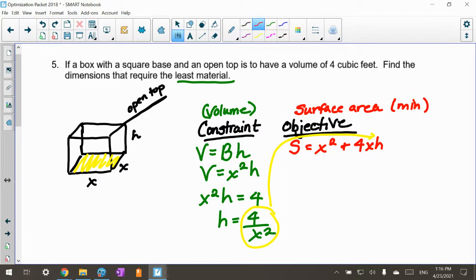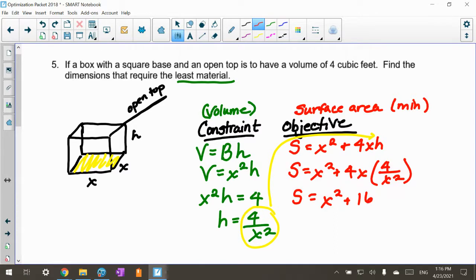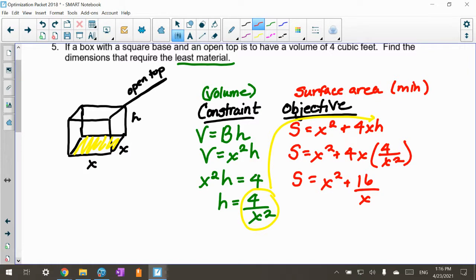So the surface area is x squared plus 4x times 4 over x squared. That's x squared plus 16, and the x cancels out, so I just have an x in the denominator. I'll write it as the surface area is x squared plus 16 times x to the negative 1. So right there's our surface area equation.